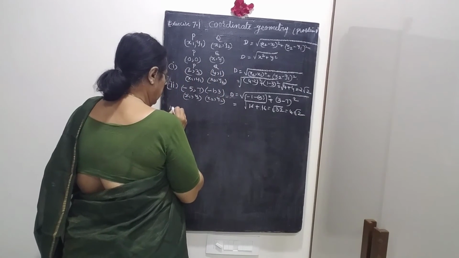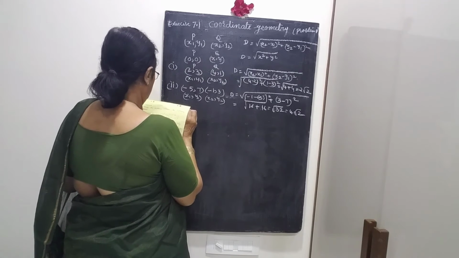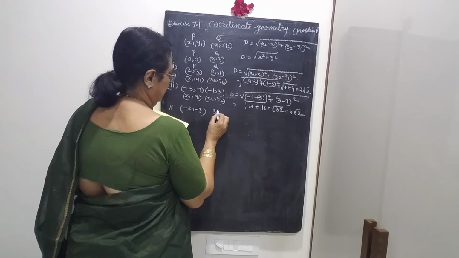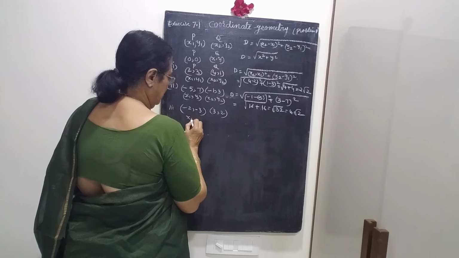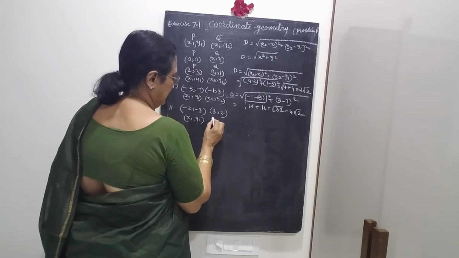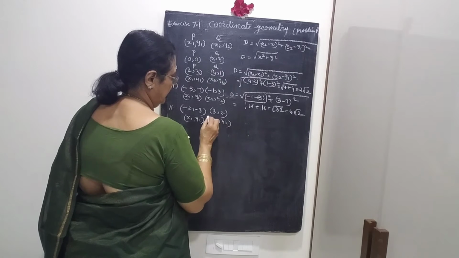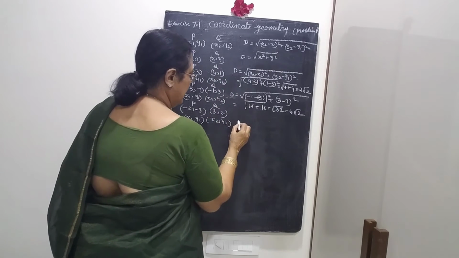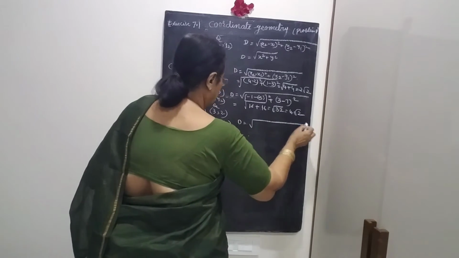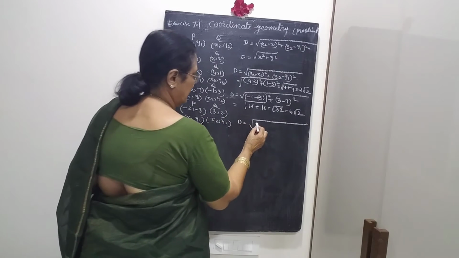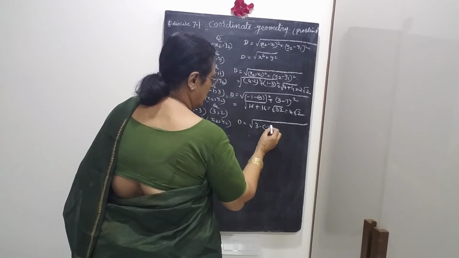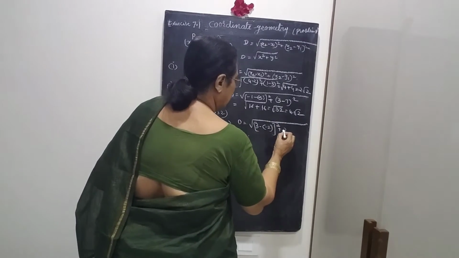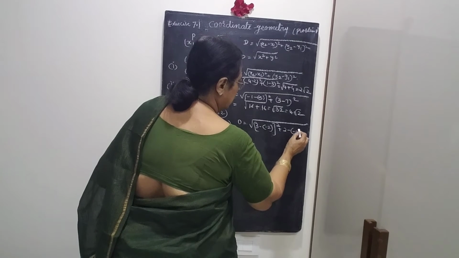And the third bit is (minus 2, minus 3) and (3, 2). These are x1, y1, x2, y2. This is P, this is Q. D is equal to root of (x2 minus x1) whole square, that is (3 minus of minus 2) whole square, plus (2 minus of minus 3) whole square.